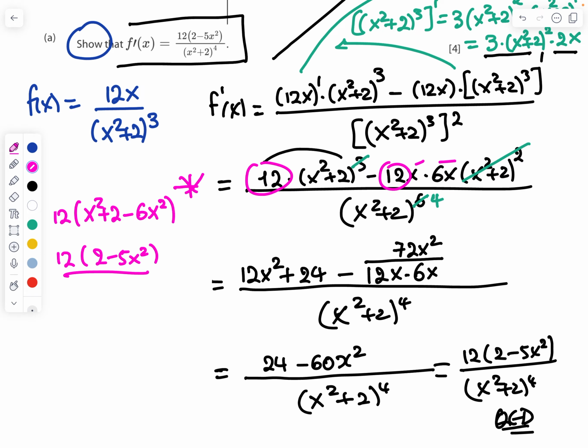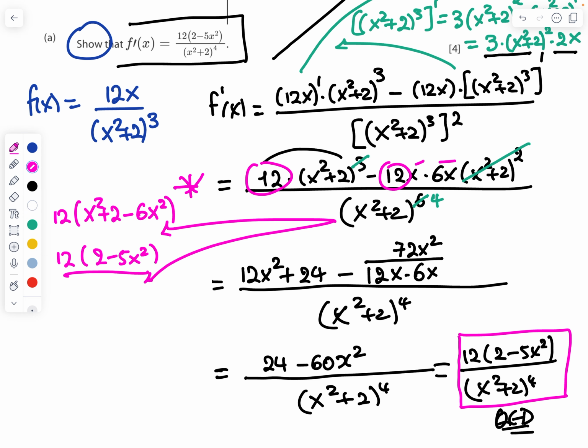So that would have been a little bit faster, of course keeping the same denominator in both cases. But in reality, the only thing you need to do, because it's a show that question, is make sure that your final answer matches exactly with what you've been asked to do.